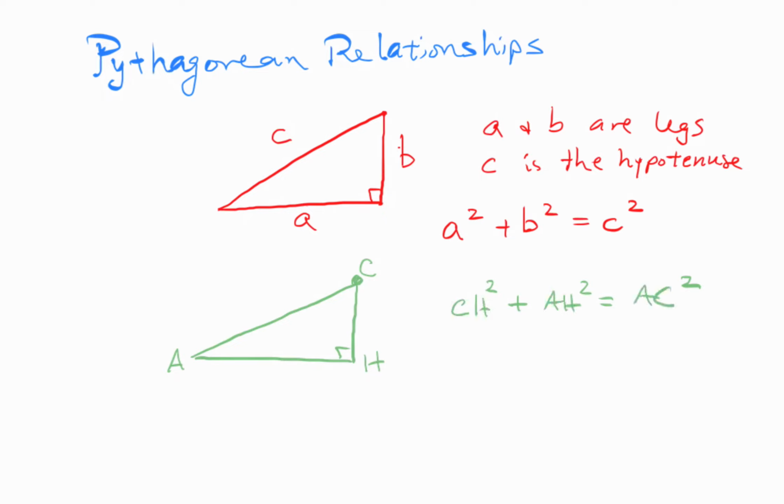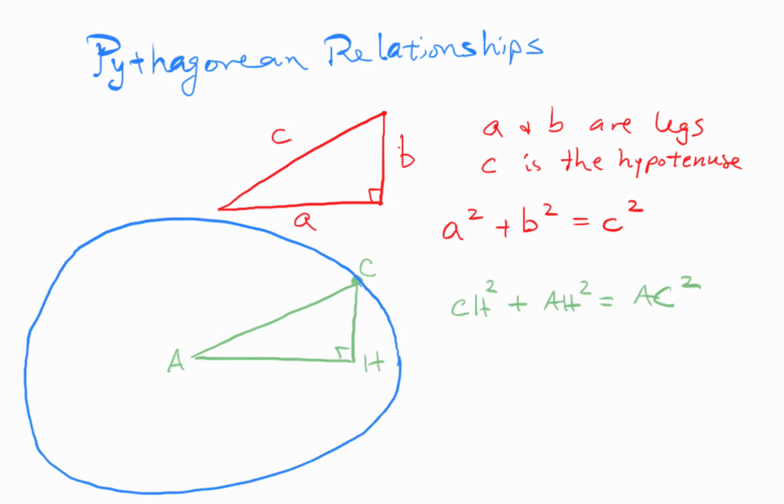Now in the picture that we had, there was a unit circle. Oh, what a beautiful circle that is. Excuse me. And we had an angle alpha there. And so CH was actually the sine of alpha. It's the length of the half chord associated with alpha on the unit circle.